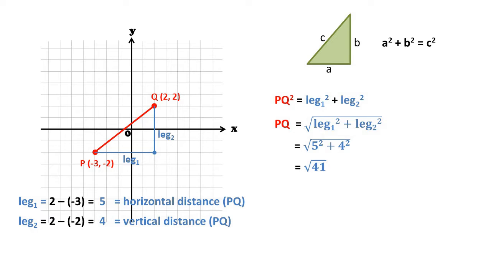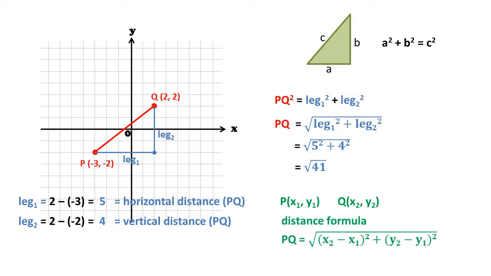So therefore, the distance between any 2 points on a rectangular coordinate plane is given by the square root of the sum of the differences between their x-coordinate squared and the differences between their y-coordinate squared. This is called the distance formula.